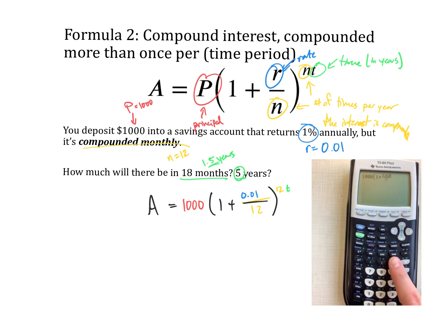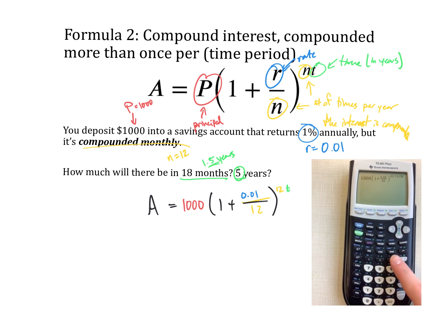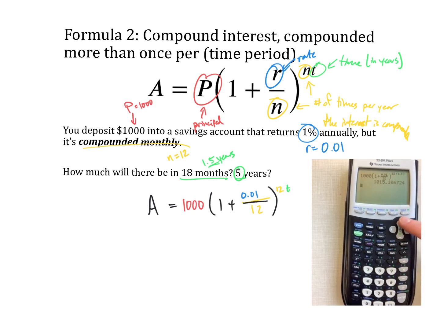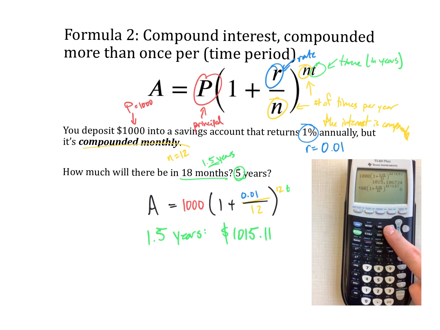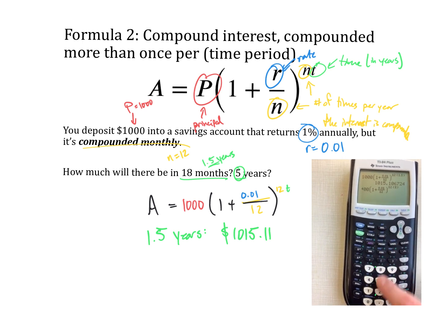That allows me to get a fraction, and then I'm going to type in 0.01 divided by 12 to the 12 times 1.5. And my answer was $1,015.11.